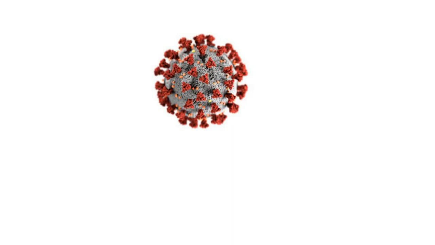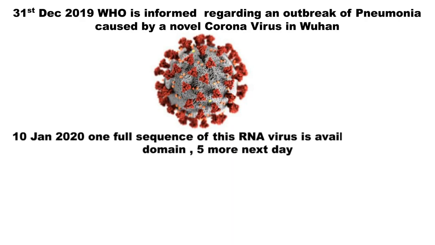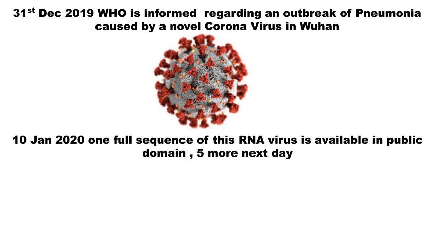It was on 31st December 2019 that WHO was informed regarding an outbreak of pneumonia caused by a novel coronavirus in Wuhan. By 10th January 2020, one full sequence of this RNA virus was available in the public domain.